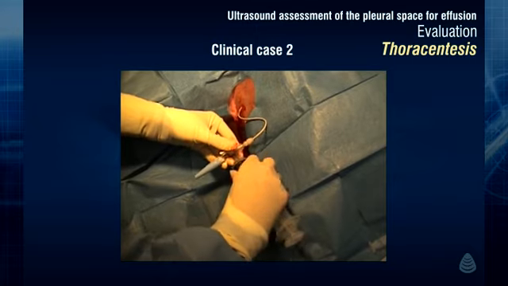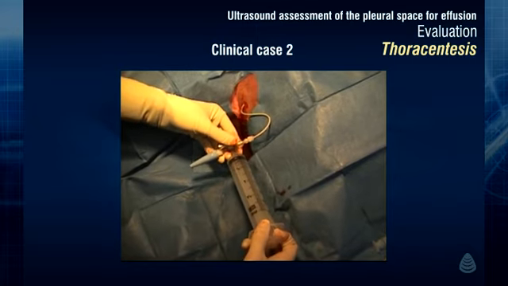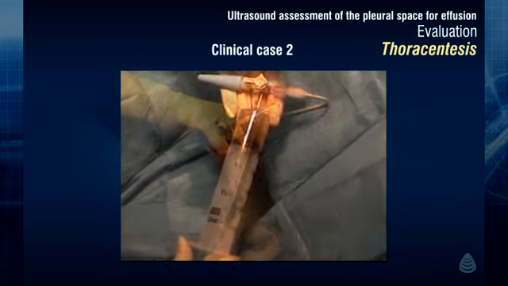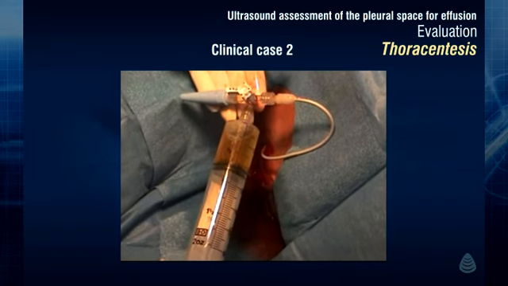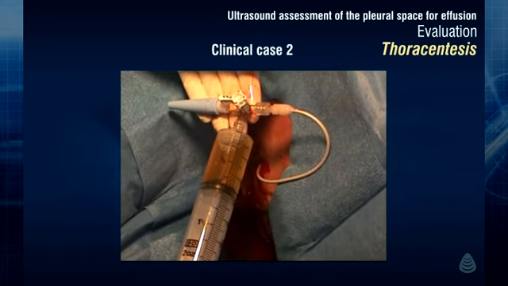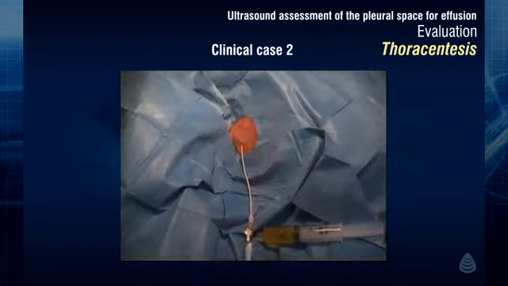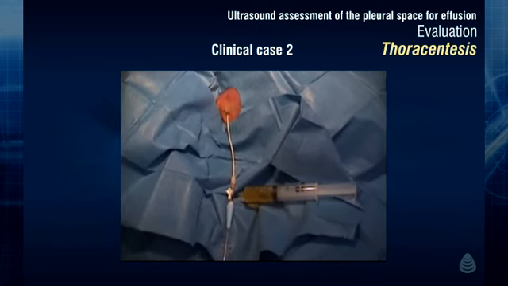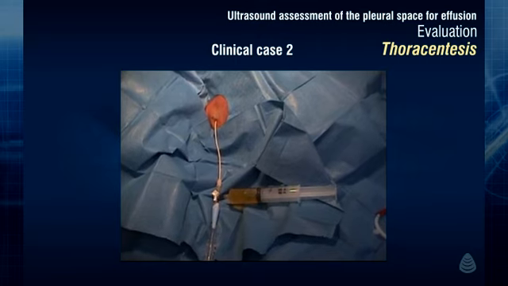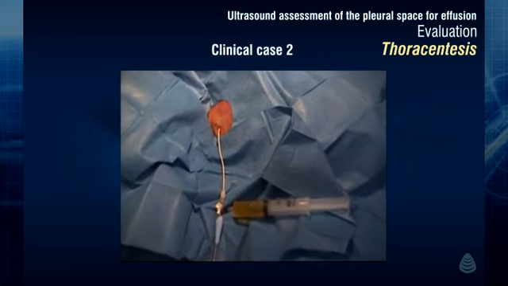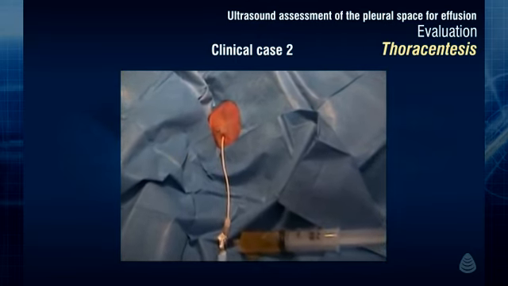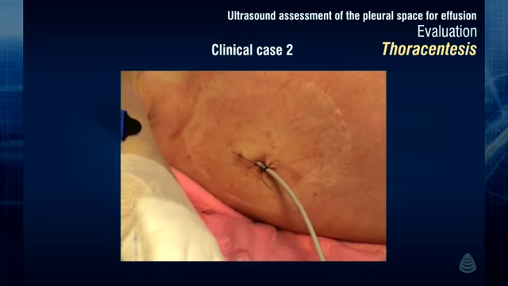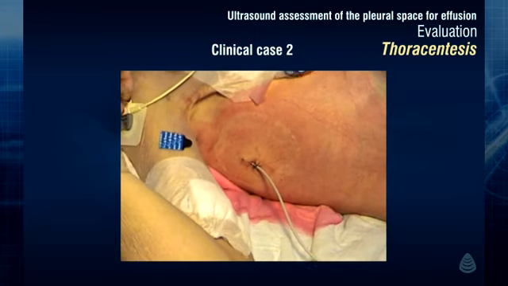If needed, a sample of the fluid can be taken with the help of a syringe and sent for analysis. The pigtail catheter is then connected to a drainage system. Finally, always make sure the catheter is firmly sutured to the chest wall.